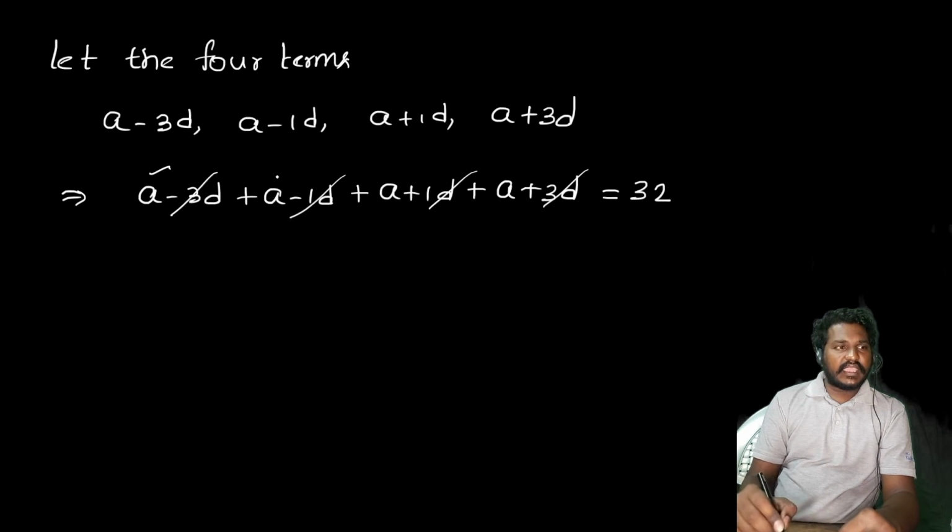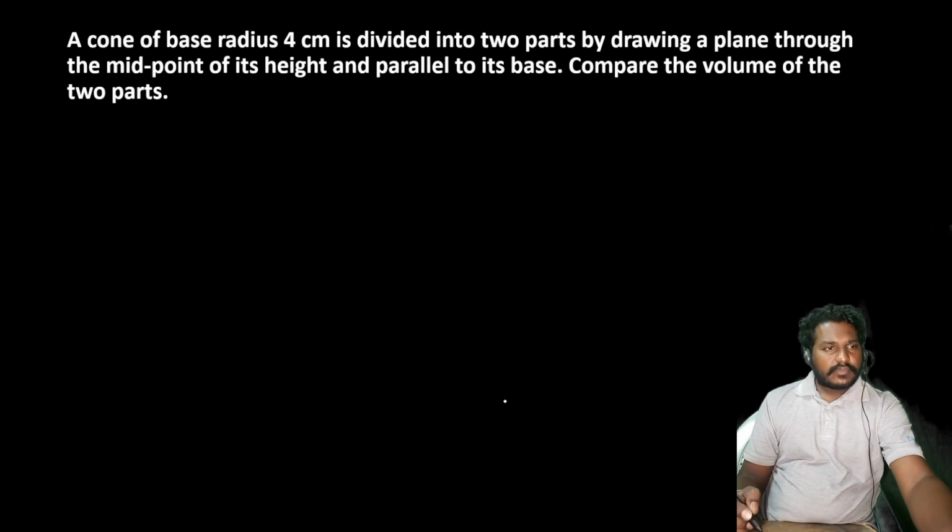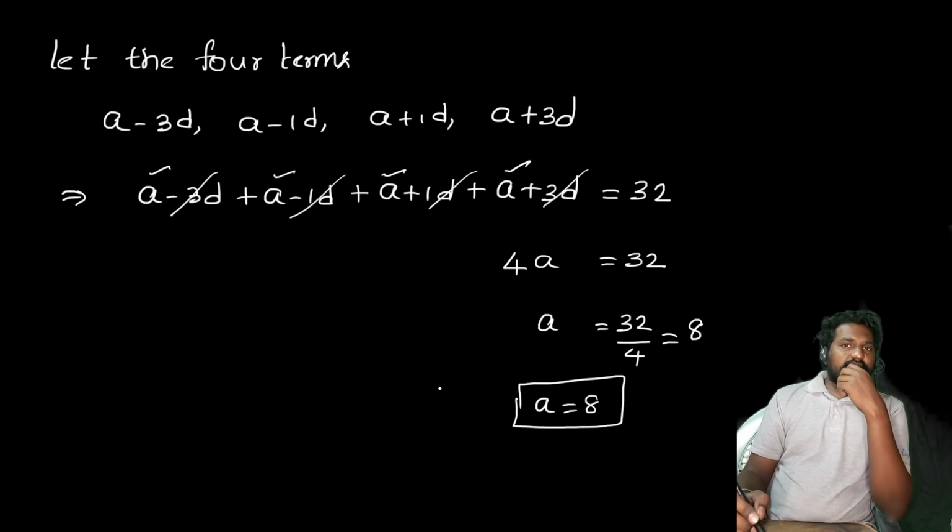So a and a, 4a is equal to 32. a is equal to 32 by 4. That will become 4 1s are 4, 4 8s are 32. So a is equal to 8.